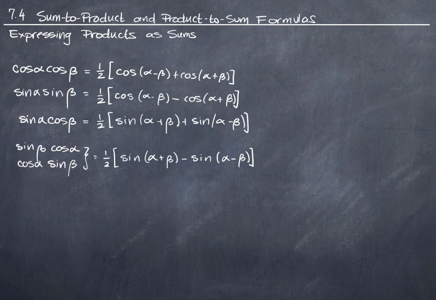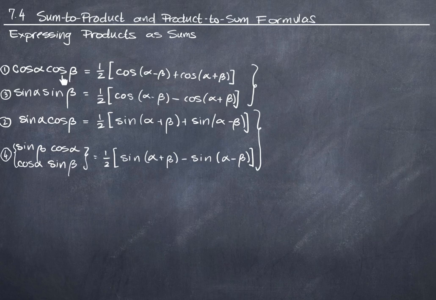Now there are a couple of things to observe here. Your textbook puts these in this order. It gives the cosine times cosine formula first, then the sine alpha cosine beta formula second, then it gives us the sine times sine formula next, and it gives us the cosine alpha sine beta last. I put them in a different order. I grouped these two together and these two together because these two are the same formula.